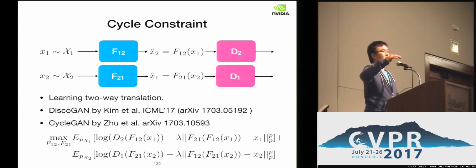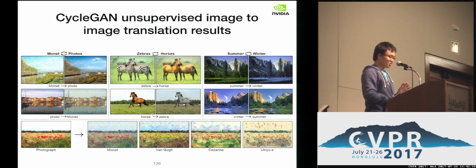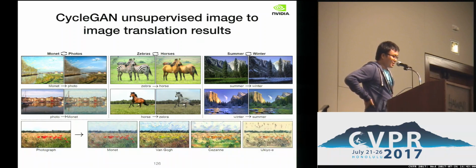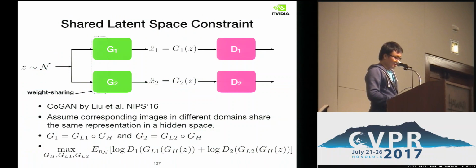It is based on the same idea. If you map an image to a corresponding image in the second domain, you should be able to map that image back to the first domain. So the assumption here is this cycle consistency. They show quite amazing results on painting to photo, zebra to horses, and different weather conditions.